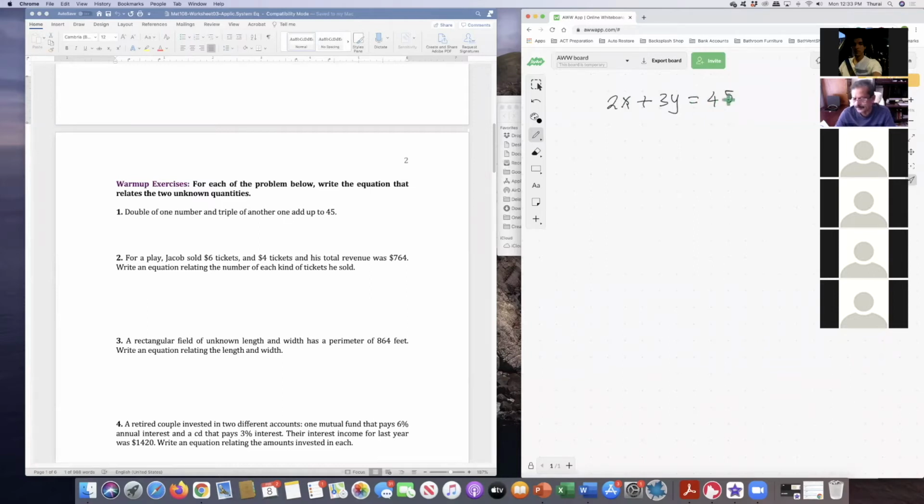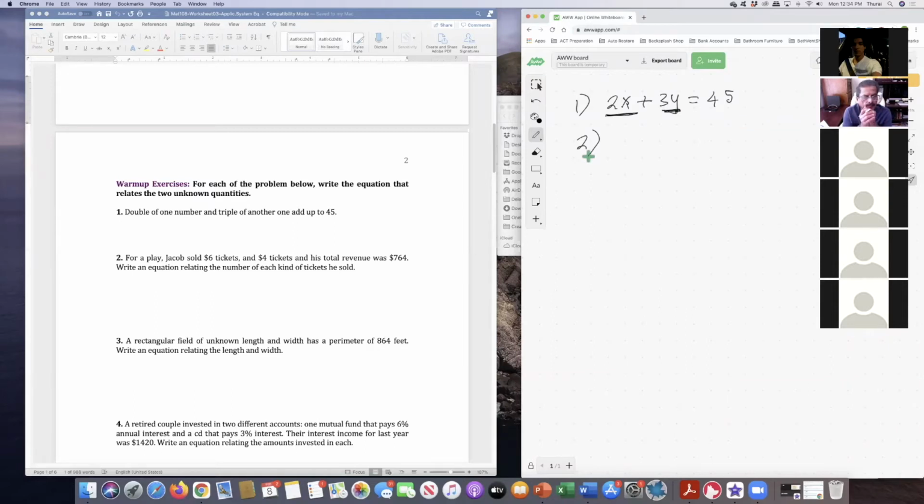That is correct. Everybody see it, or anybody needs explanation? Double of one number, 2x. Triple of the other, 3y. They add up to 45. Sum of them equal to 45. That's it. Okay, going to number 2.